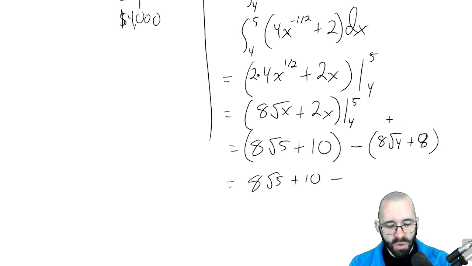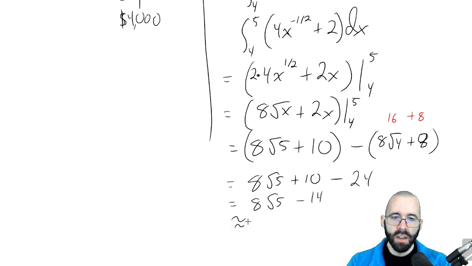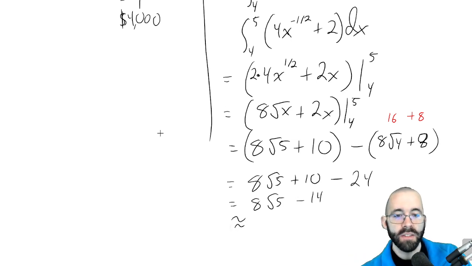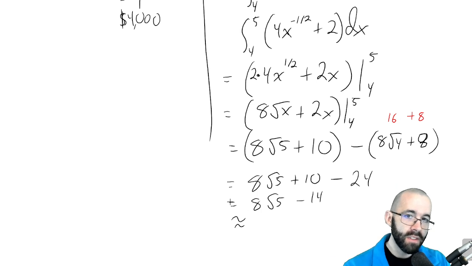Square root of 4 is 2. This is 16 plus 8. This is 24. And we could simplify and say 8 square root of 5 minus 14. Hopefully that approximates to something close to 4.